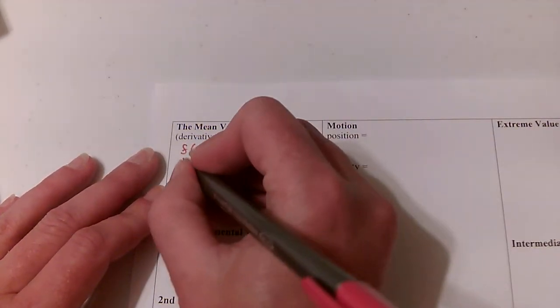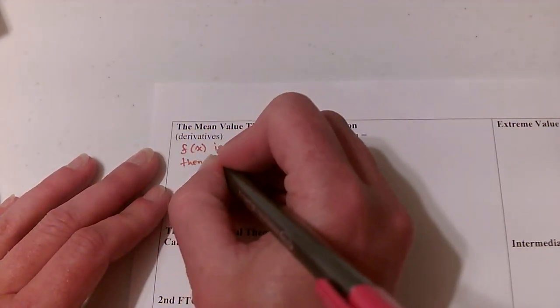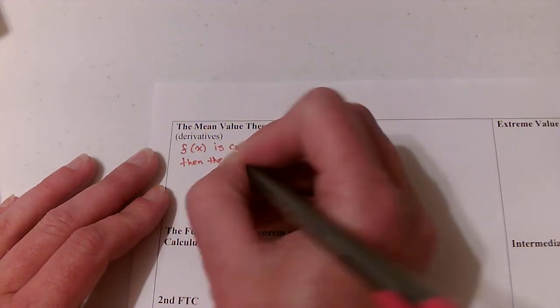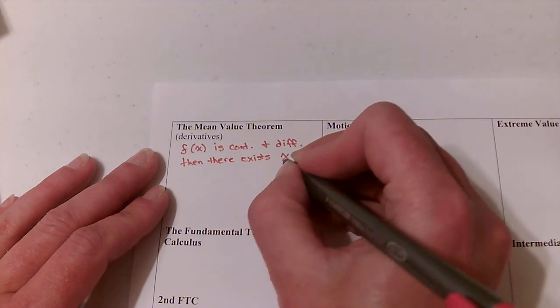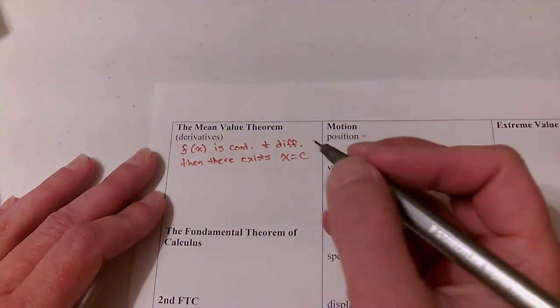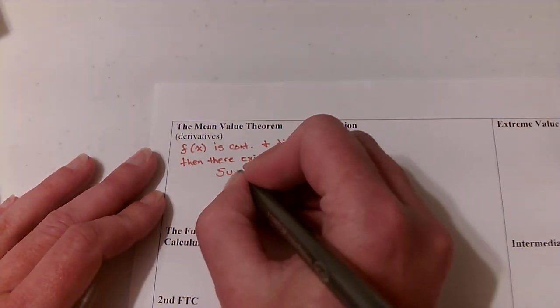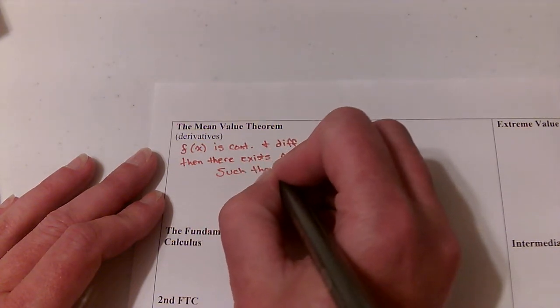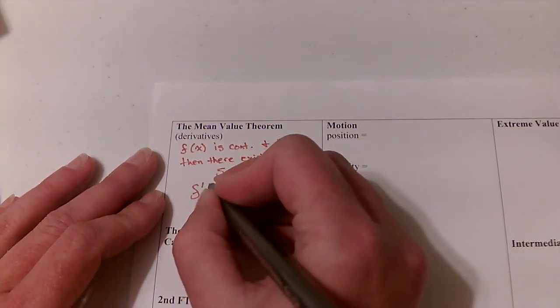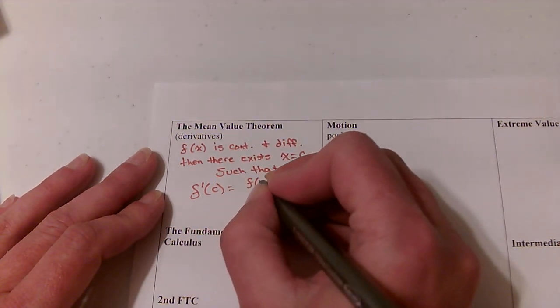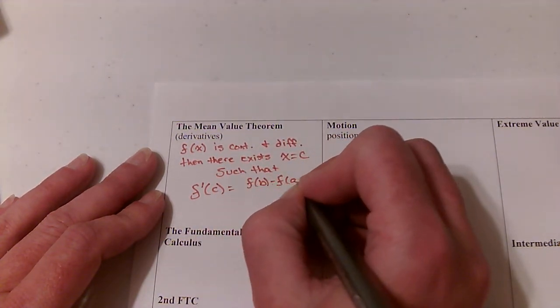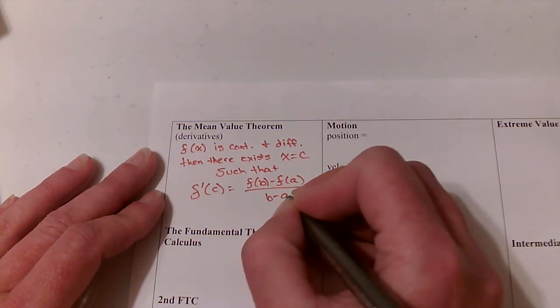If so, then there exists some x value c such that f prime of c equals f of b minus f of a over b minus a.